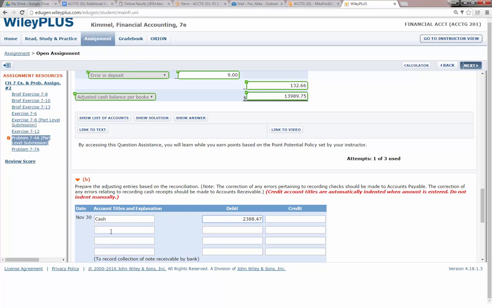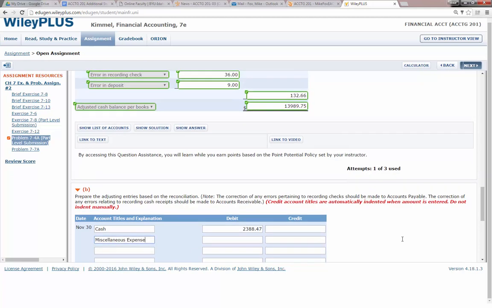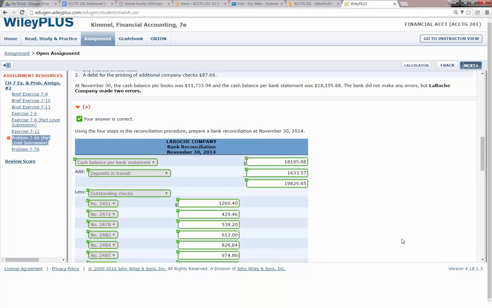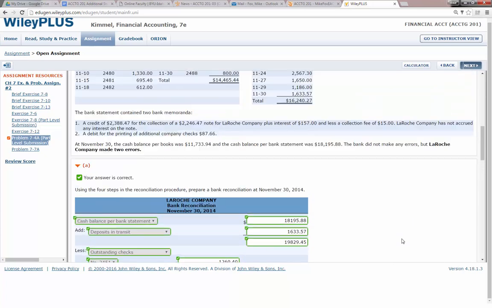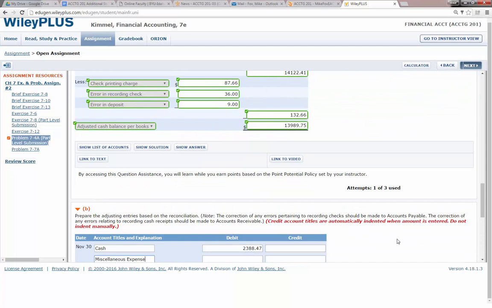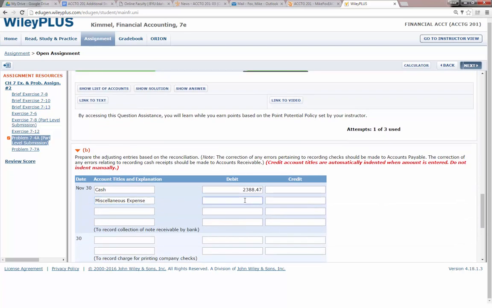Then we'll record also the expense for the bank service charge. So we'll call it a miscellaneous expense. I believe that was how much? $15. So those are our two debits.